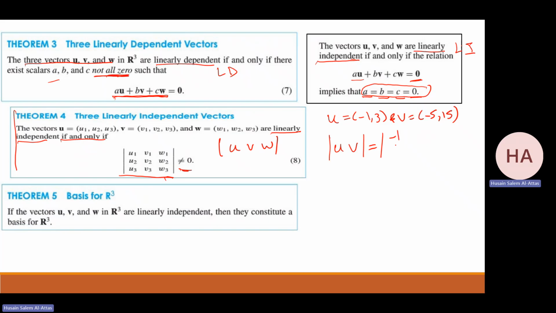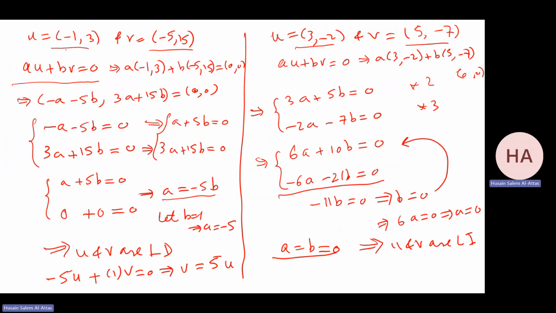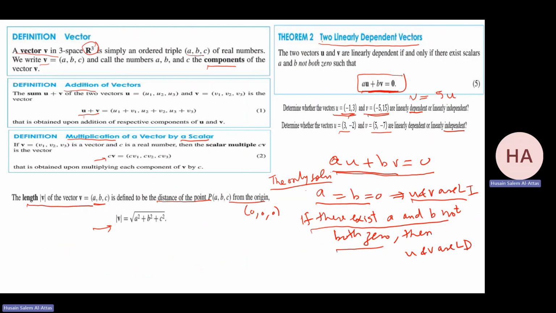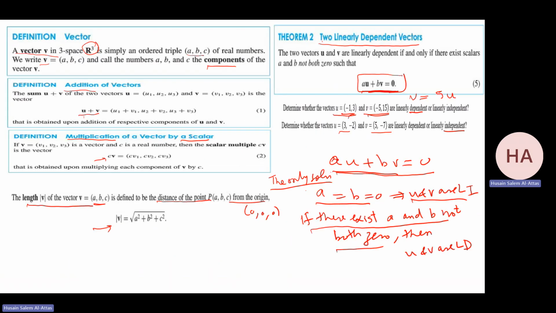That will be minus 1, 3, minus 5, 15. We are getting minus 15 plus 15, which is 0. If we are getting 0, it means linearly dependent, which I know. These two vectors are linearly dependent. And the same thing for the other two vectors, which are 3, minus 2 and minus 2, 7.